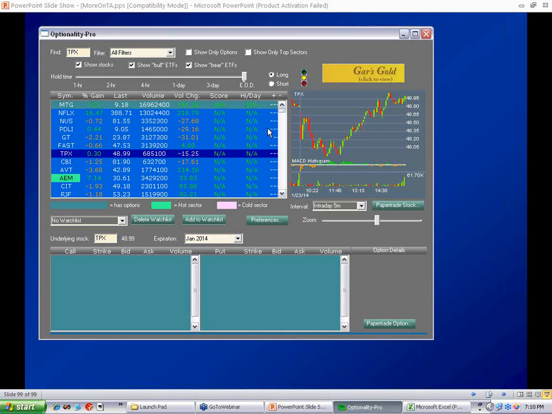Does it work as a predictor? Well, for any of you hanging around Gar's Gold, me and a couple other guys went in on an option yesterday at the end of the day called Walter's Energy, WLT. It had a really nice fat score for end of day, so we jumped on it. Now, unfortunately, it didn't go up high enough, but it actually did produce, which was quite amazing.